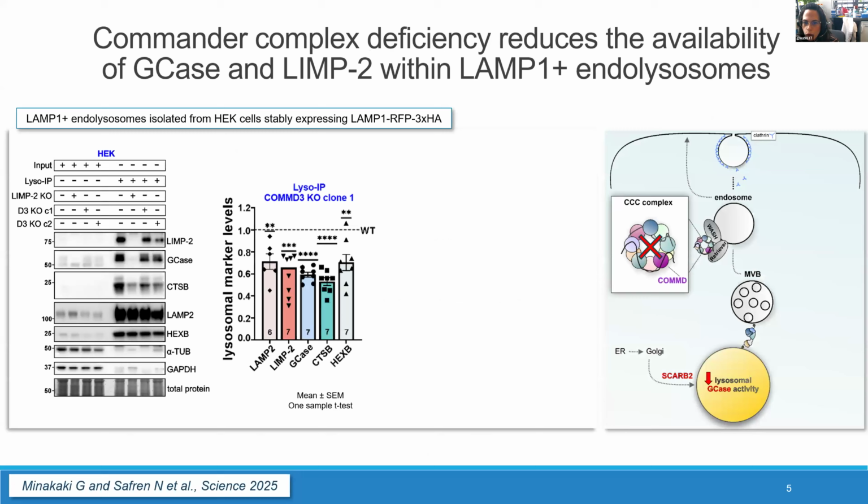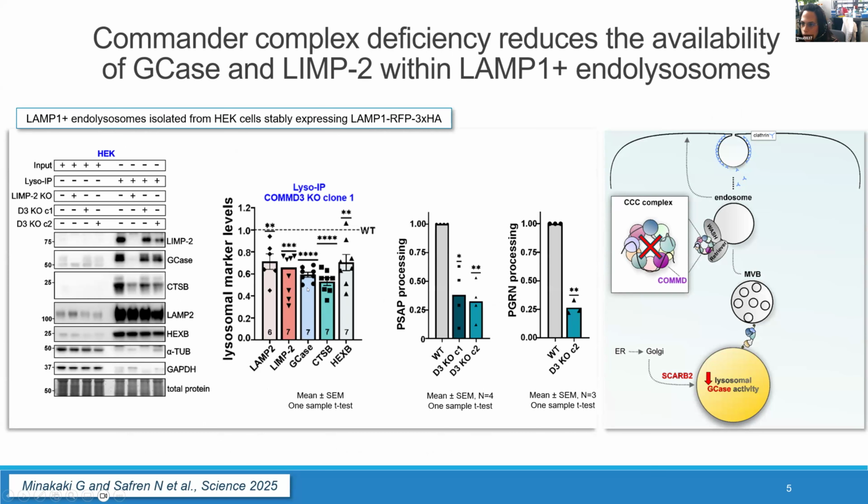And to remind you, what we had shown is that commander deficiency leads to changes within endolysosomes. So these are enriched fractions from cells stably expressing LAMP1-RFP-3xHA. Endolysosomes are enriched by magnetic isolation, and these fractions seem to have less GCase, less LIMP2, and some other proteins.